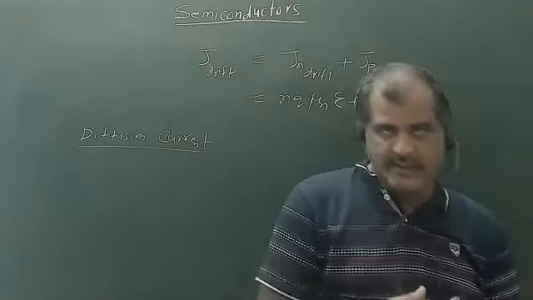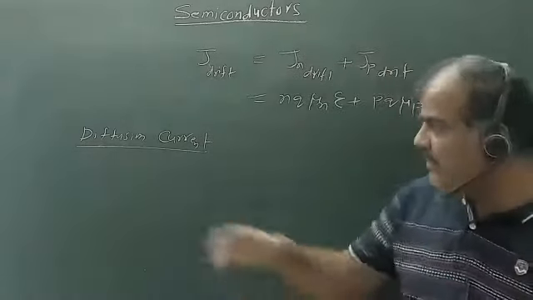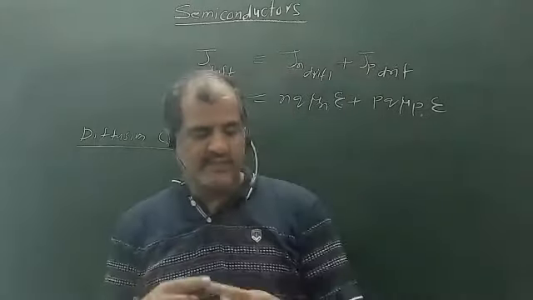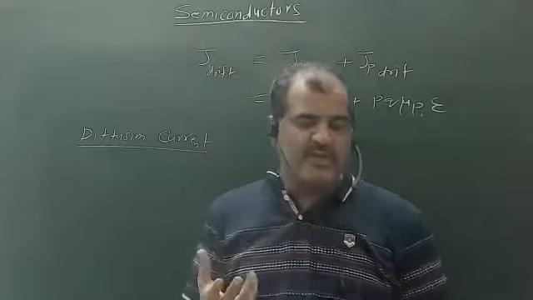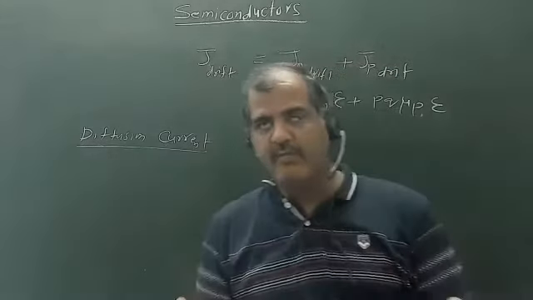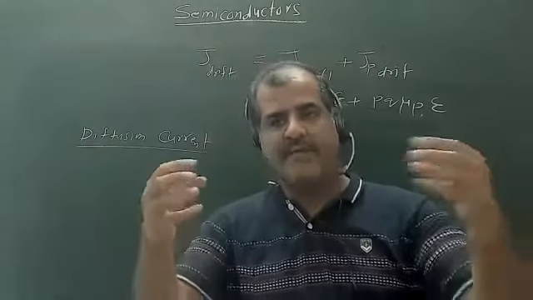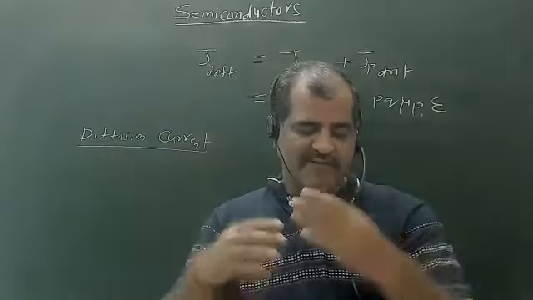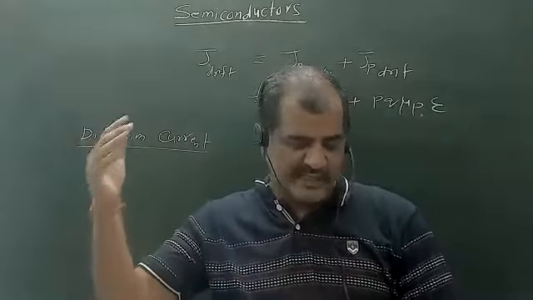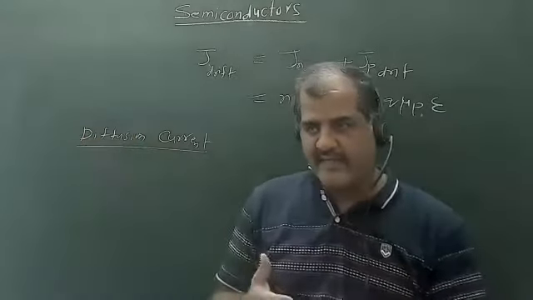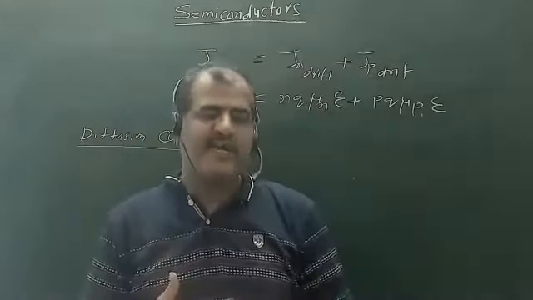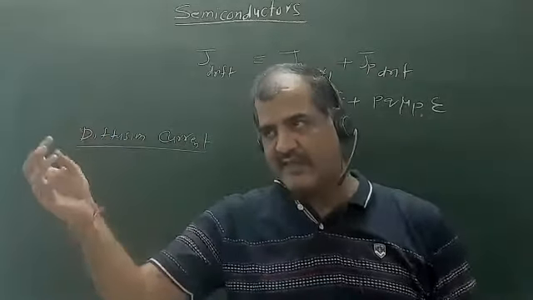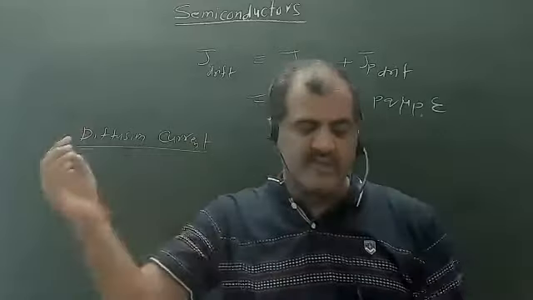Because in a homogeneous semiconductor, N type or P type, the carrier concentration is constant, so there is no diffusion current. So when you bring two crystals, P and N, together, then one side you have more holes and the other side more electrons. So whenever there is a concentration gradient, your charges diffuse, and they produce diffusion current.